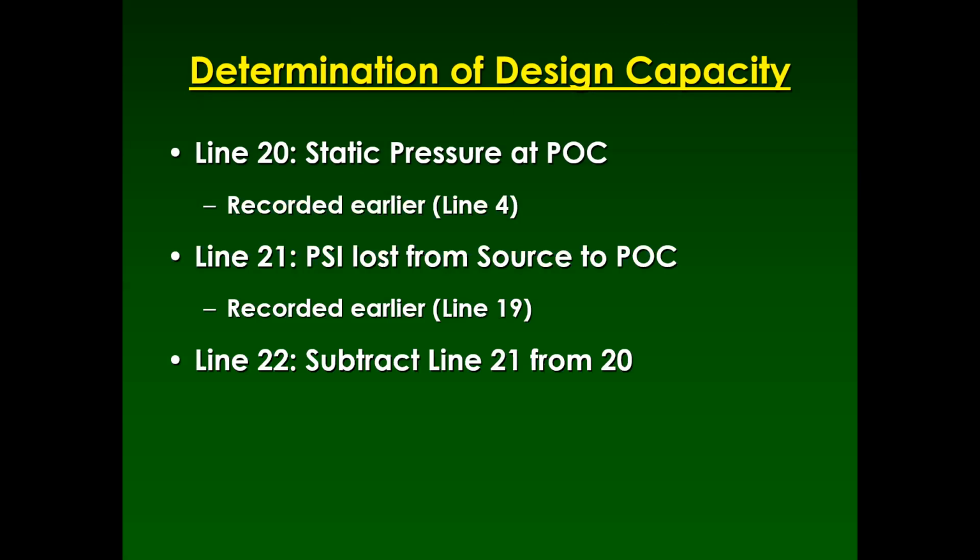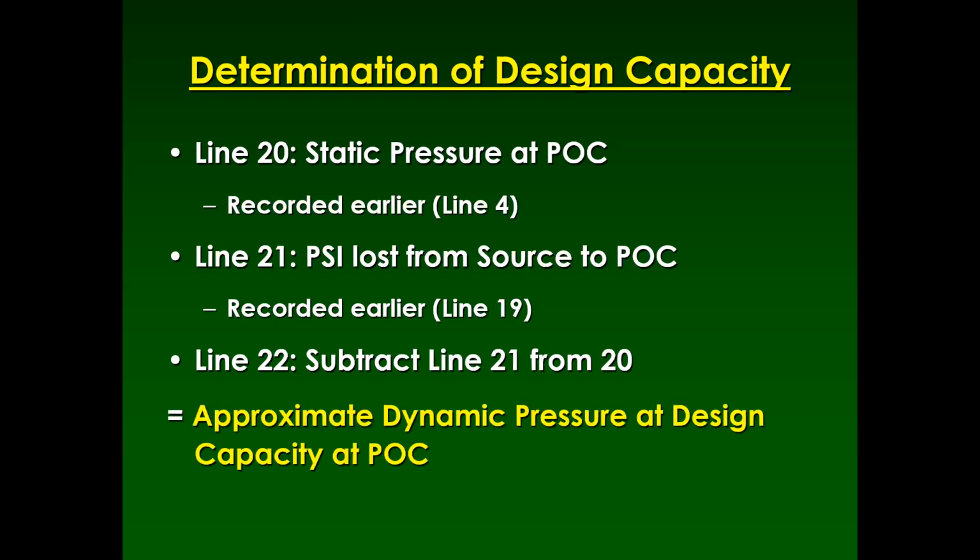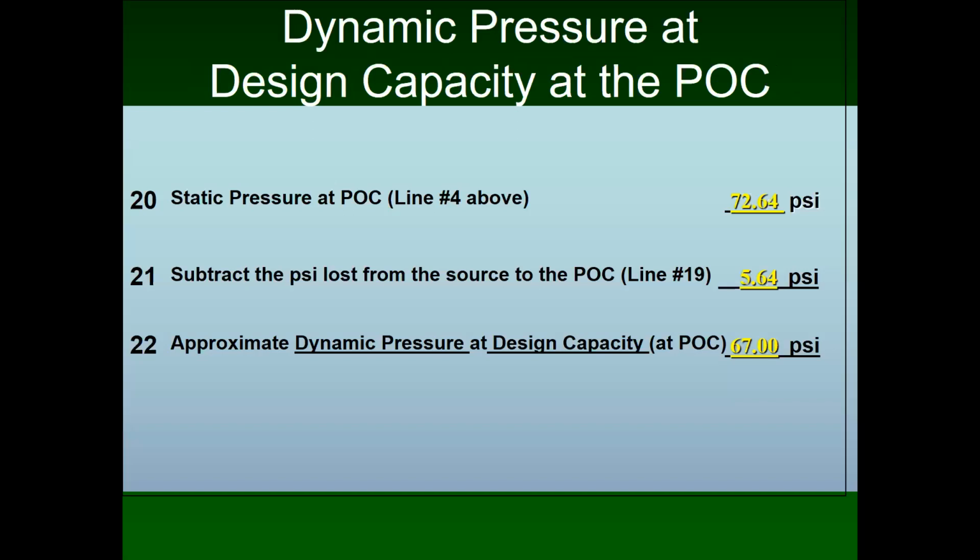So 72.64 PSI, which is our static pressure at our connection, and then we're going to subtract our dynamic pressure losses from that. Should get 67 PSI. That should be line 20, line 21, and line 22. So we have 67 PSI of available dynamic pressure at our POC.